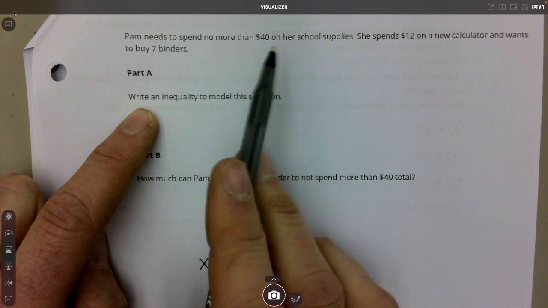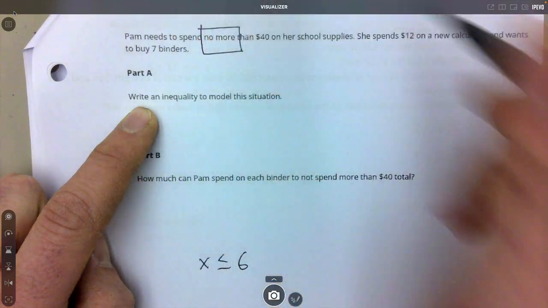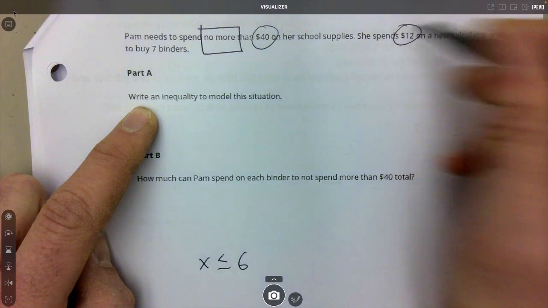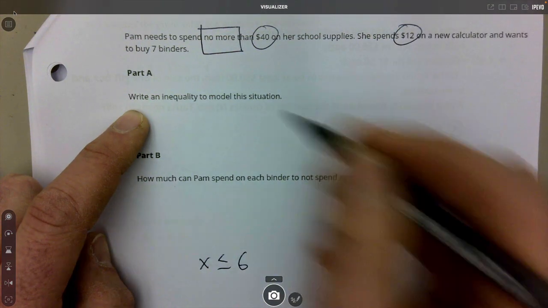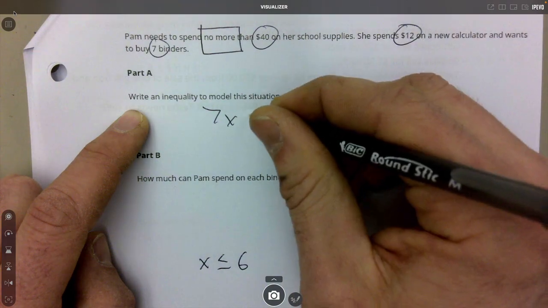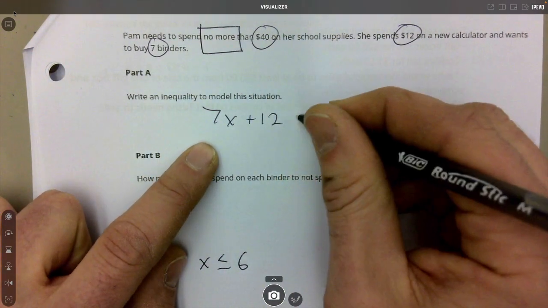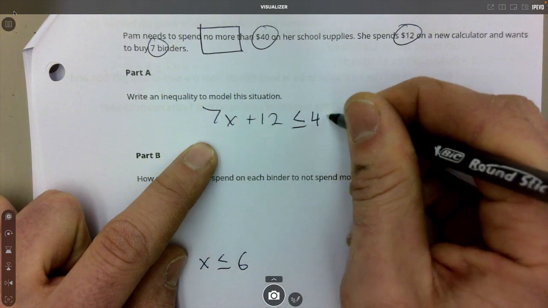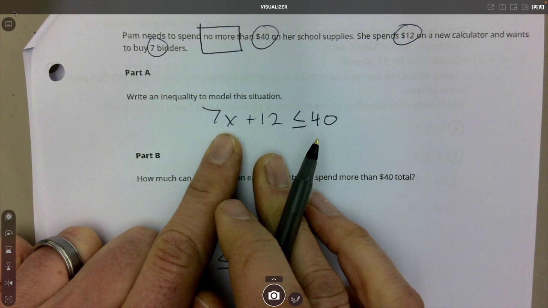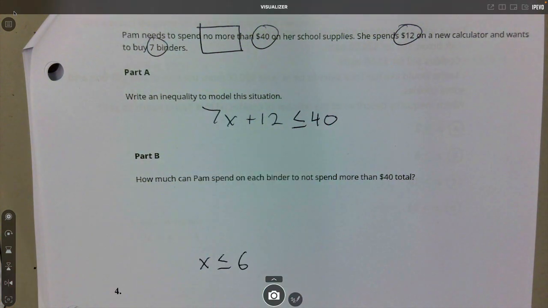How did you start the problem? Less than or equal to? Okay. That inequality looks pretty good. Let's check the inequality first.